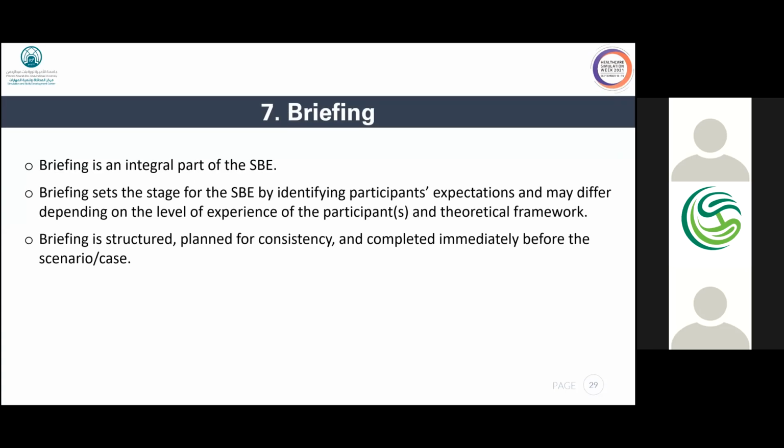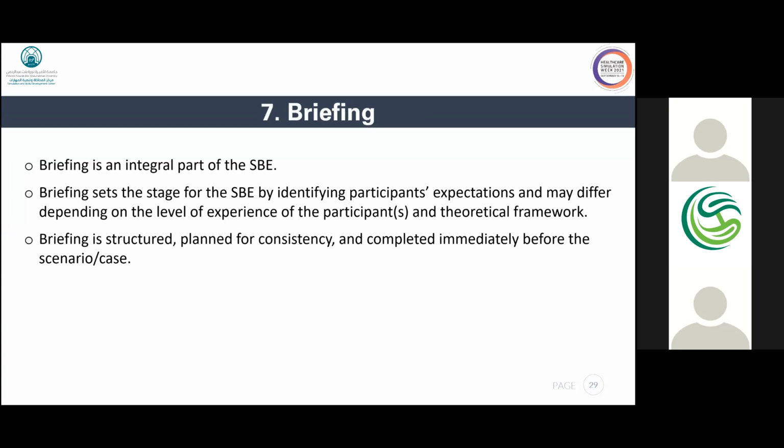For the briefing part, this is a very important area. Briefing is, as we all know, something everyone does to brief the participants, but it's highly recommended that the briefing is structured and standardized, and completed before the scenario case.